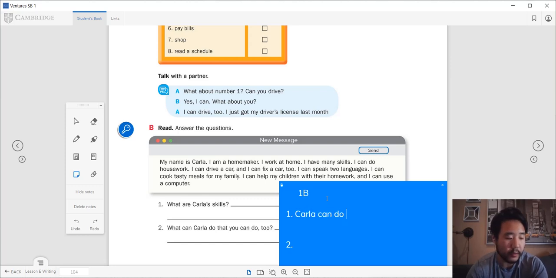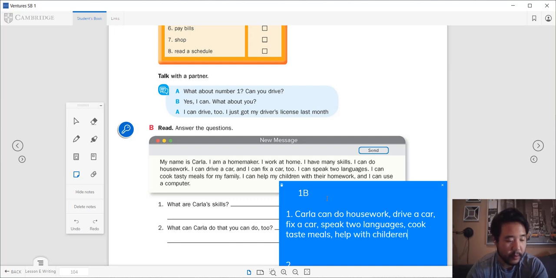Carla can do housework, drive a car, fix a car, speak two languages, cook tasty meals, help children with homework, and use a computer.